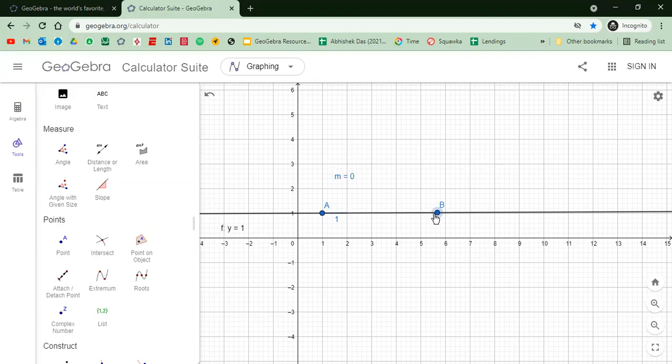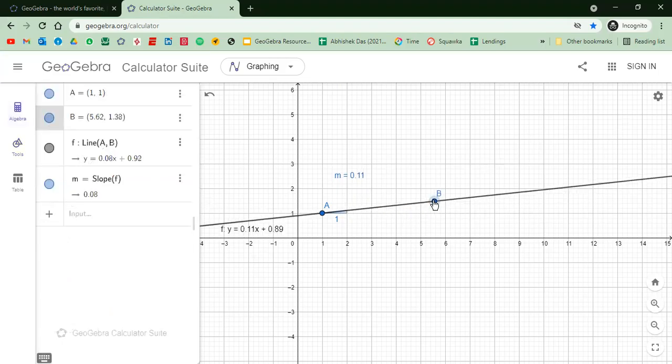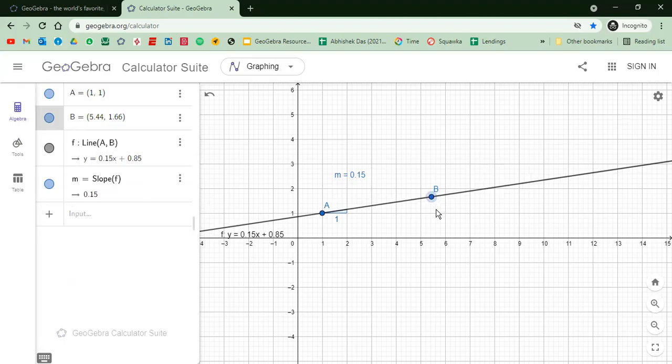Now, what is the slope of a line which is parallel to the y-axis? Check this out. Check the slope out here.